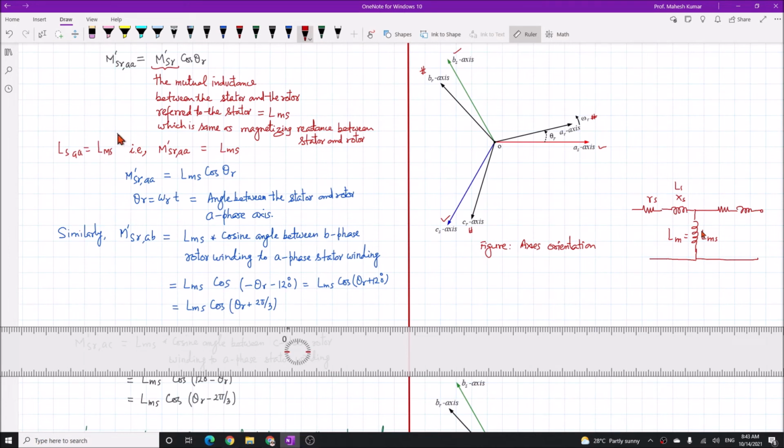But since the rotor is rotating, there is an angle of theta r, and the cosine of theta r will give the effect on its mutual coupling. So for MSR-AA, because A belongs to the rotor, theta r will be the effect considered to take care of the flux linkage distribution because of the rotor winding current. Hence we can write that MSR-AA equals LMS cos theta r. This is the angle theta r.